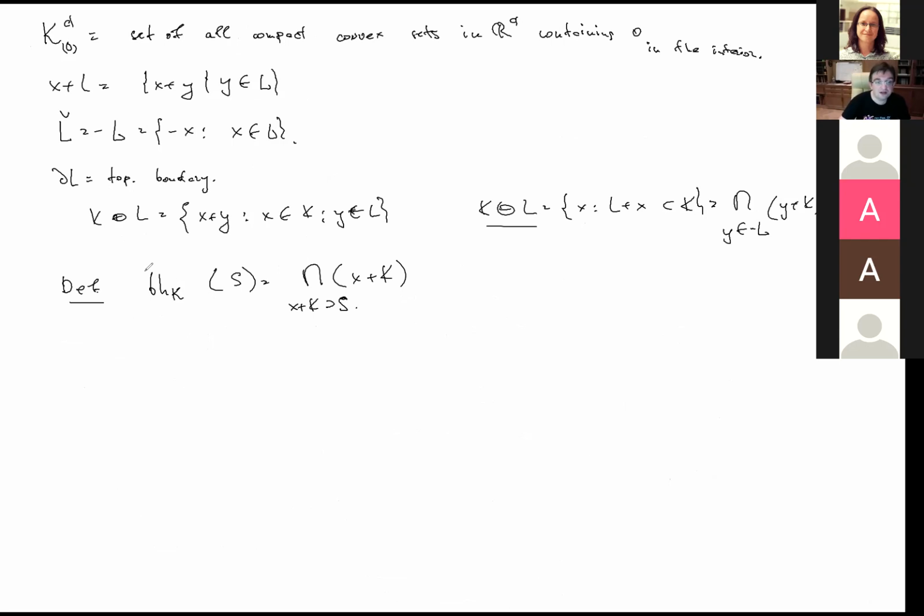And we define the ball hull with respect to this set. And let me mention that if K is origin symmetric, so if K is equal to minus K, then this is the same concept as ball hull, but in Minkowski space.